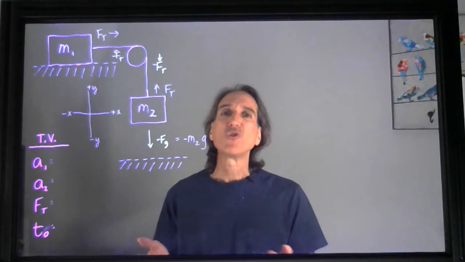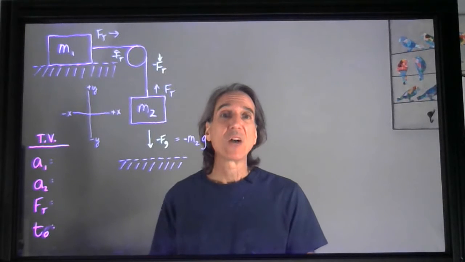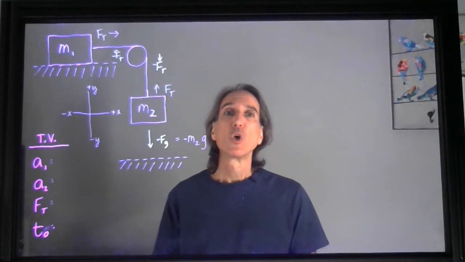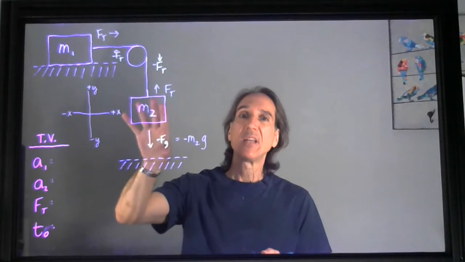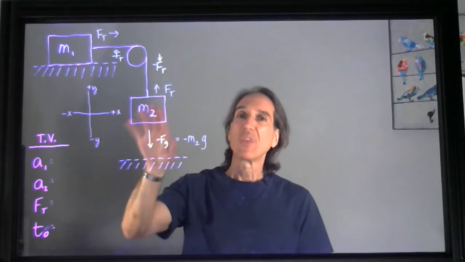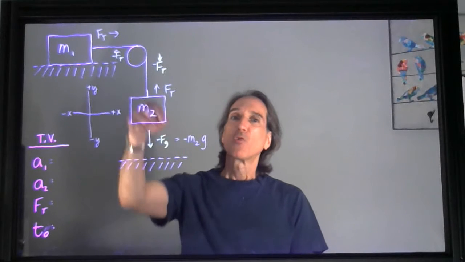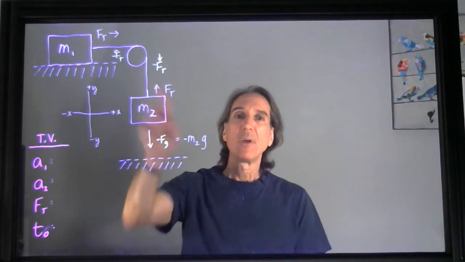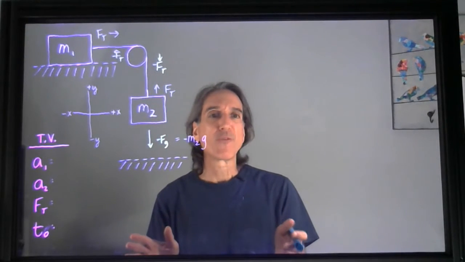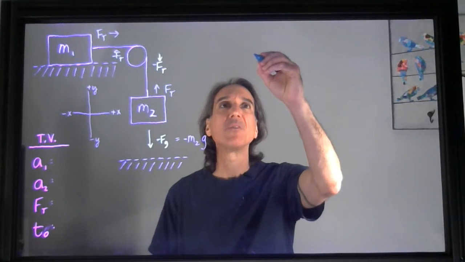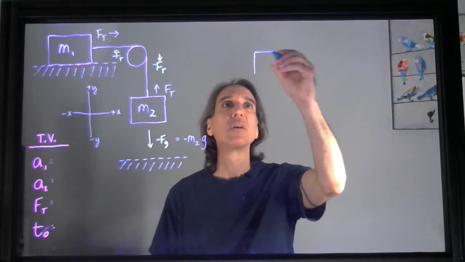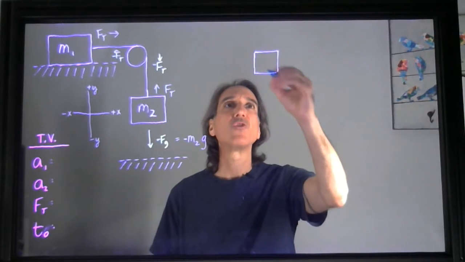Now we break down our system into individual bodies to calculate net force. We'll create free body diagrams for both M1 and M2. Let's start with M2. Gravity is down, tension is up. There were no other forces, so we'll draw this over here just to break it out.